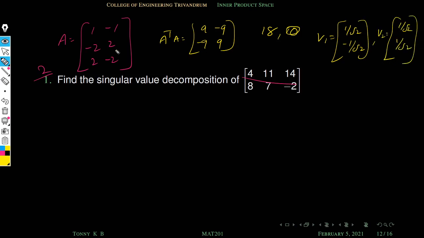If you find the eigenvectors, then normalize them. So these are v1 and v2.